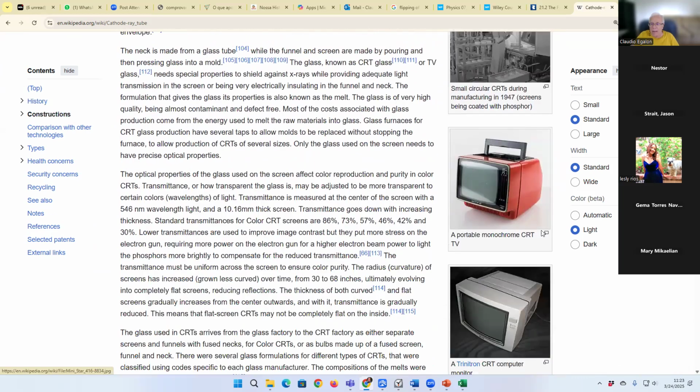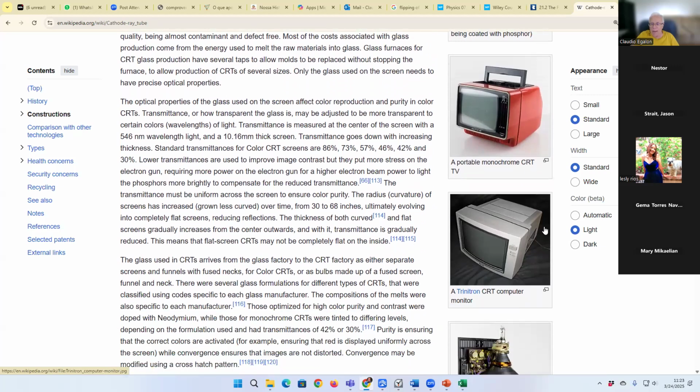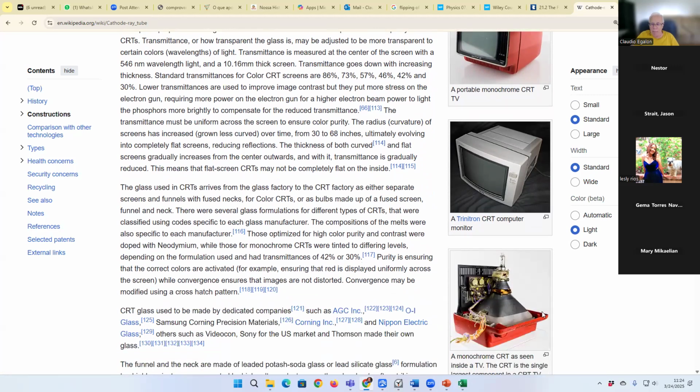Okay, here you go. That's a better picture, right? See how thick they are? Another one, Trinitron CRT computer monitor. TV screens were like that as well. They were not thin, and they were heavy and bulky. We finally come up with this. Oh, here you go, the CRT again. But think about that. It was kind of a revolutionary invention.